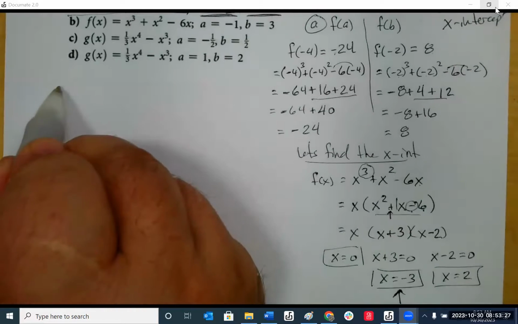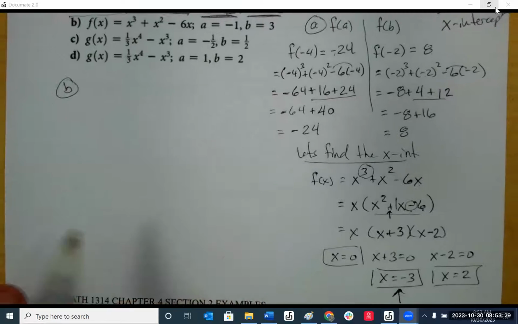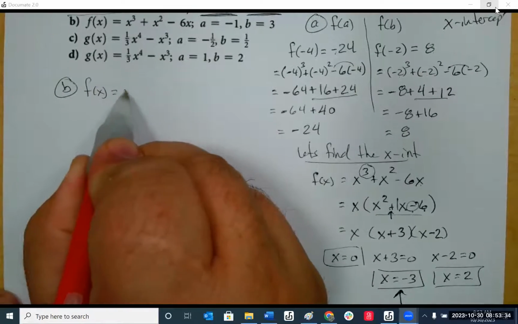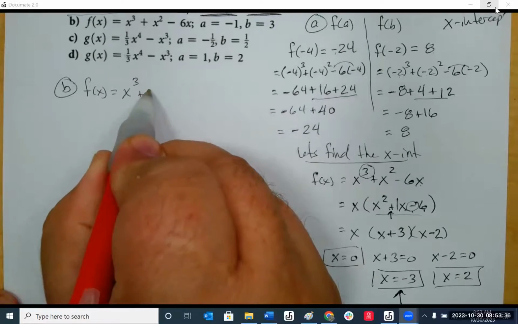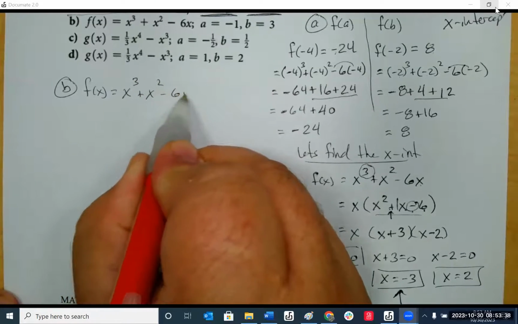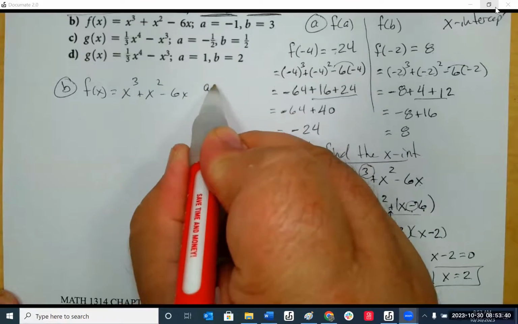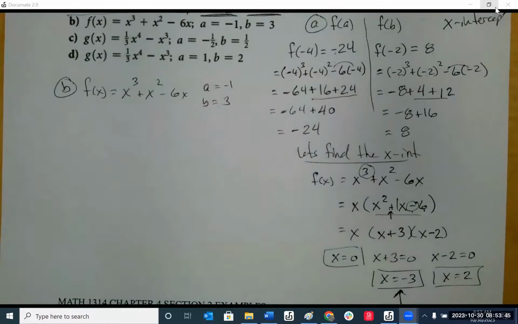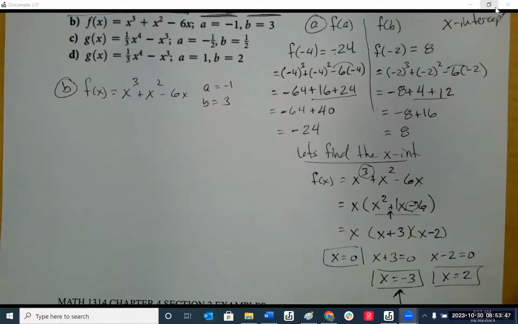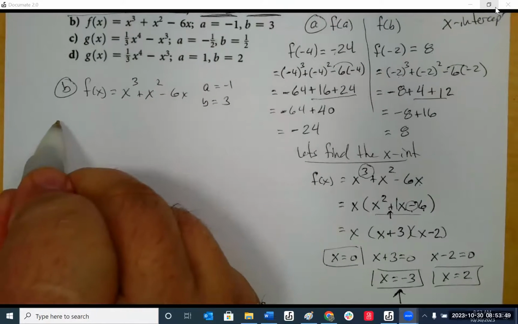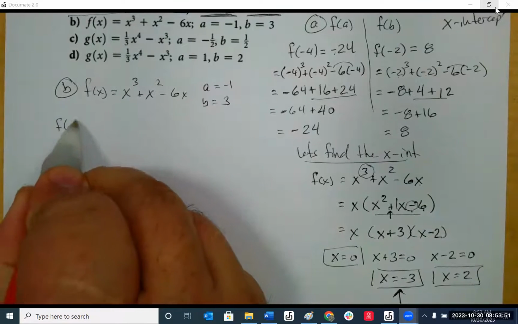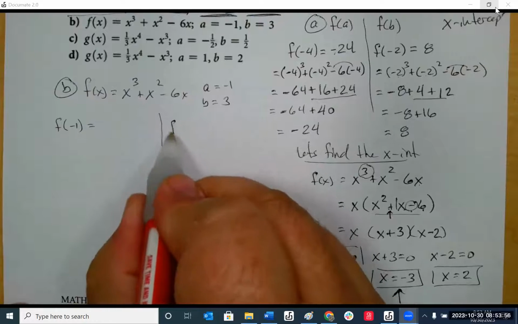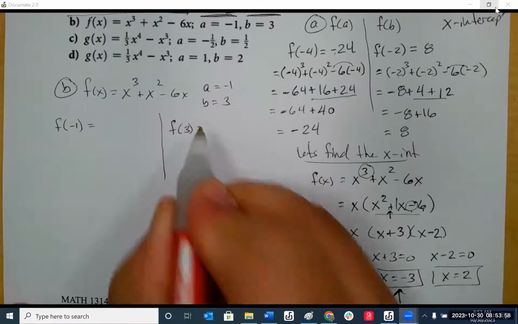All right, let's look at B. It's the same function, x cubed plus x squared minus 6x. A is negative 1, B is 3. So we try both, f of negative 1 and f of 3.